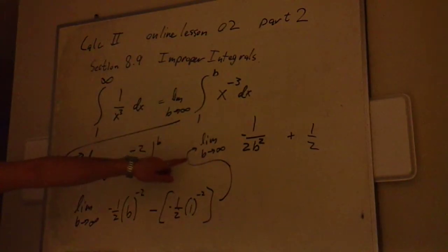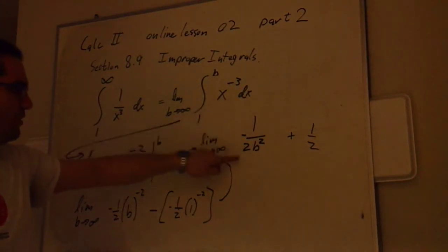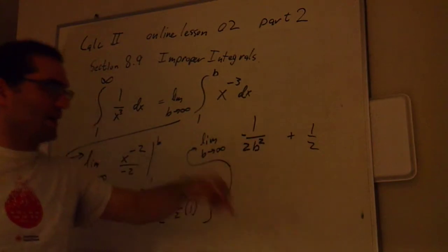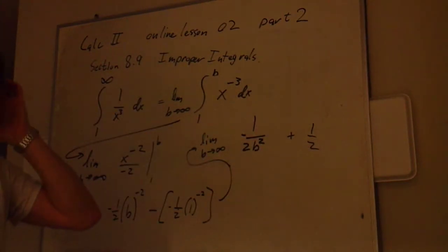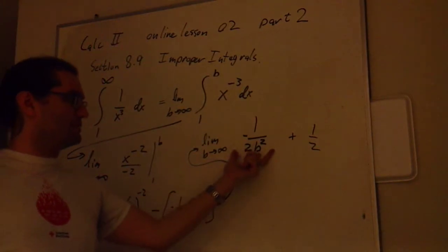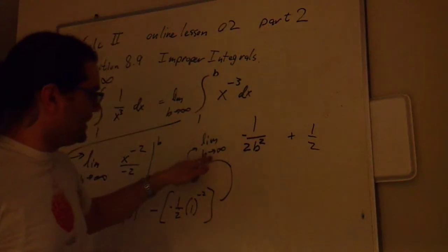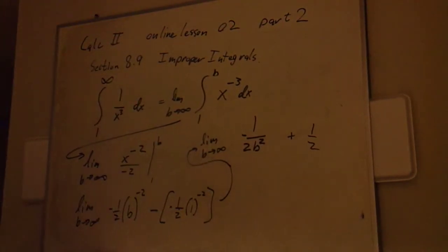Okay. So now I have the limit as b goes to infinity of negative 1 over 2b squared plus 1/2. And now I need to think about what this term is going to do, what it's going to look like as b increases towards infinity.